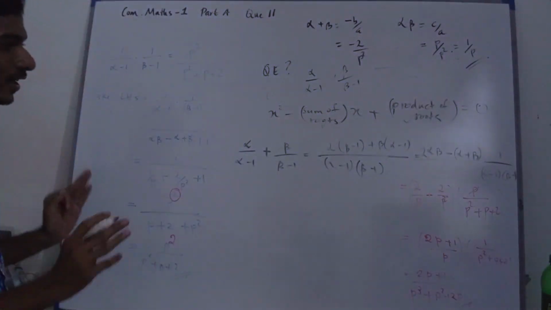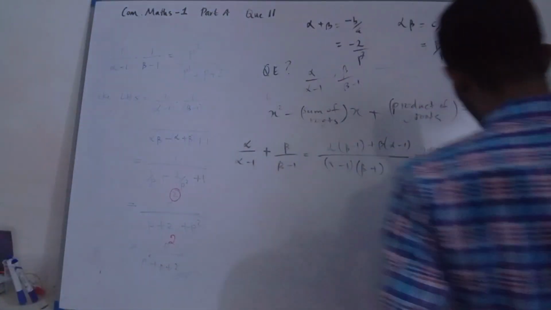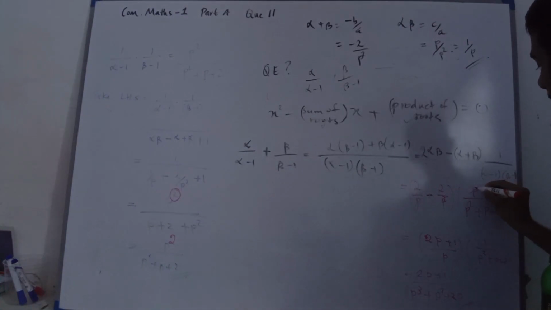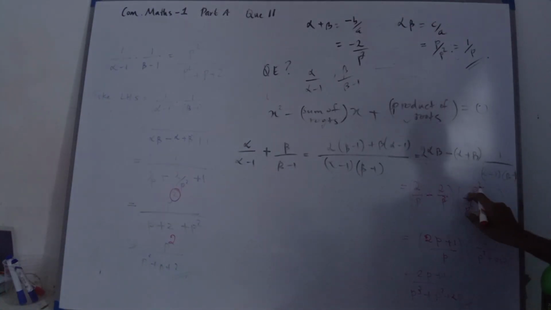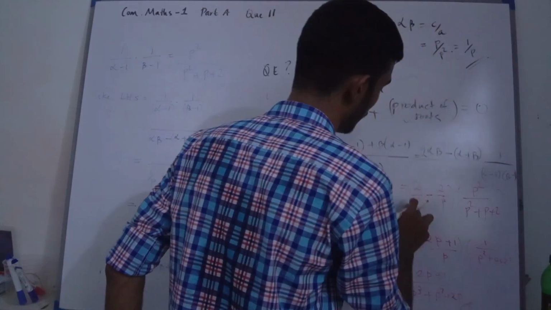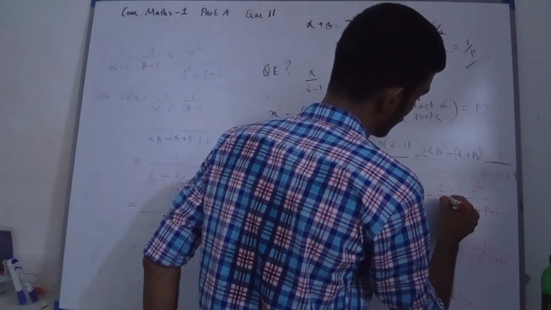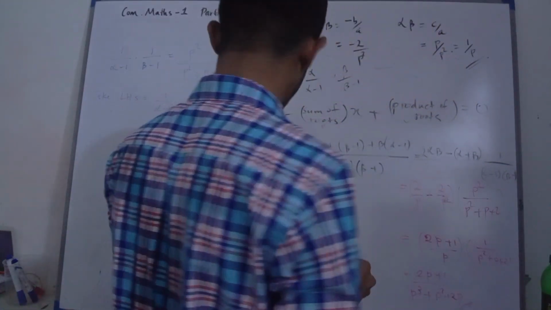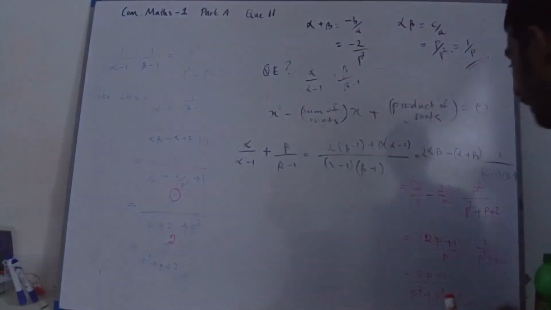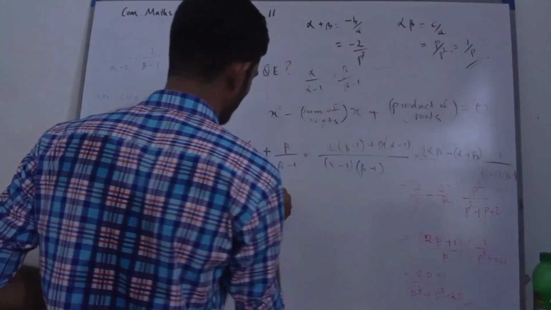So what I should have done is, I should have put p squared here. I should have put p squared here, right? Now if I put p squared here, right now, this p, everything is here, p square. And I'm going to write this here. Okay, that is equal to.